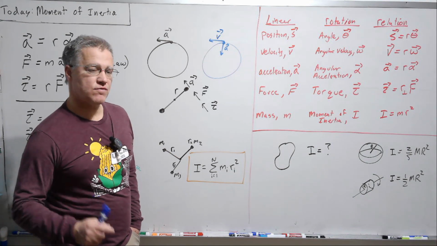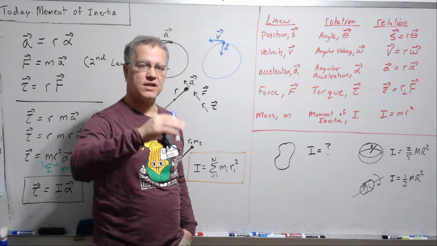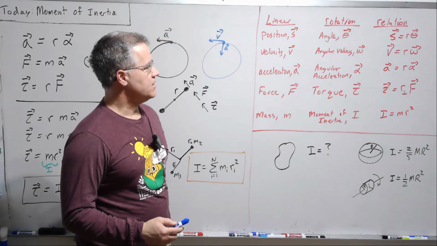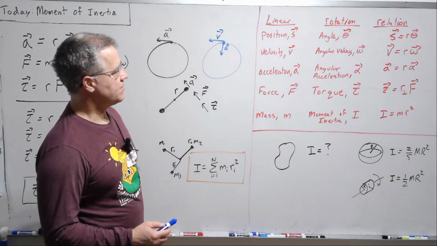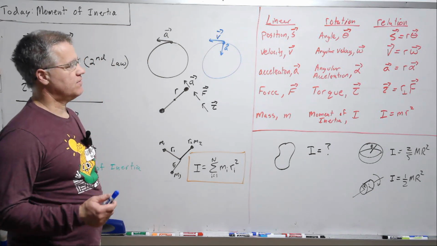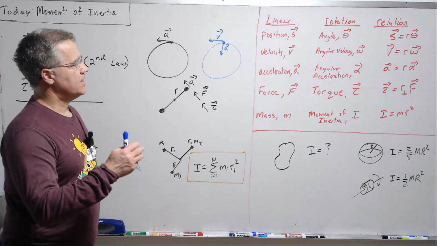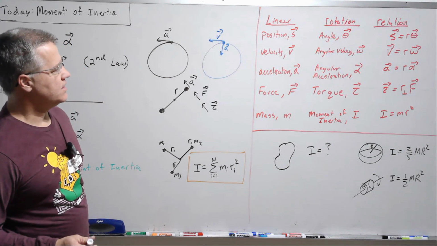Now I'm putting a vector over the theta to represent whether we are going clockwise or counterclockwise. Counterclockwise is usually the positive convention. You can check your physics book. Clockwise is the negative convention.